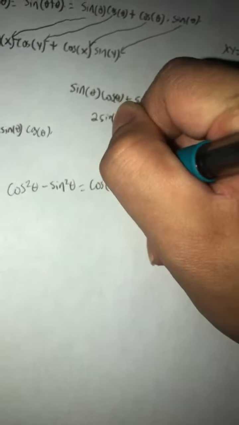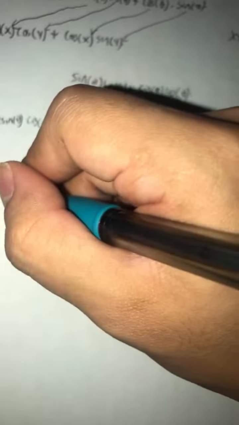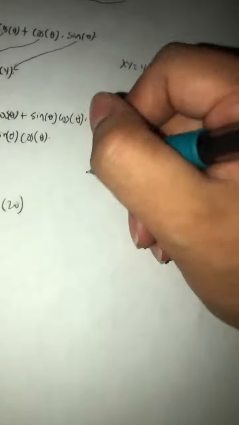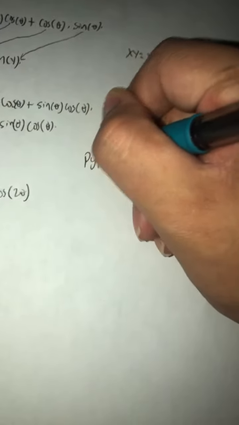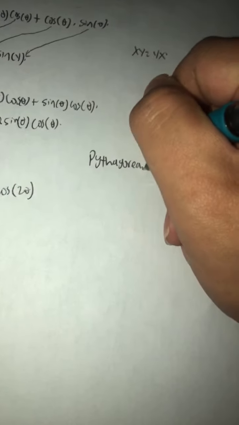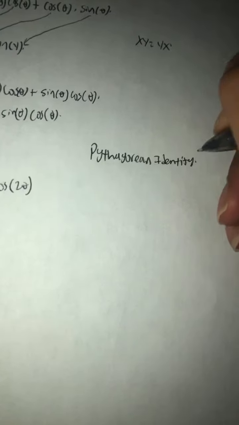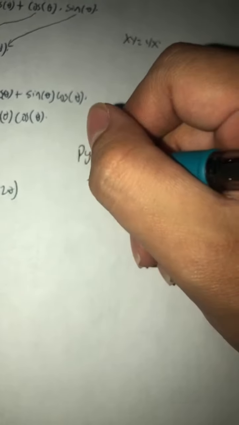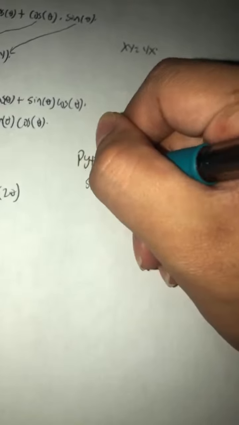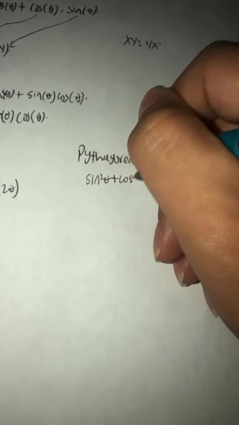This one actually has two different formulas. If we say cosine squared theta minus sine squared theta equals cosine of 2 theta, we have the Pythagorean identity: sine squared theta plus cosine squared theta equals 1, right?